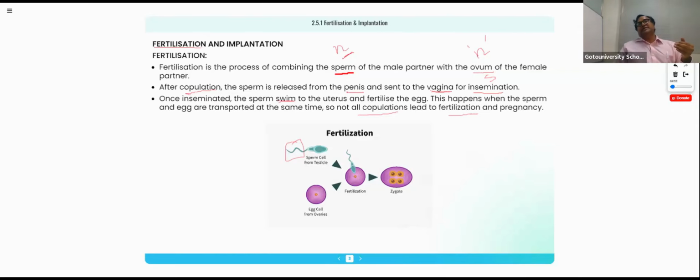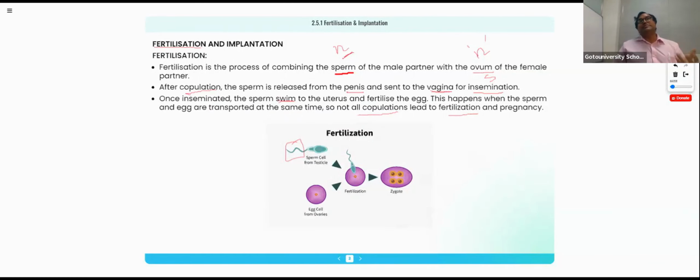For example, if the male has intercourse with the female during the pre-ovulation time, meaning the girl has just gone through bleeding, then for the next 8 days, if the couple goes for copulation, there is no chance of conception. There is no chance of zygote formation. There is no chance of egg fusion.